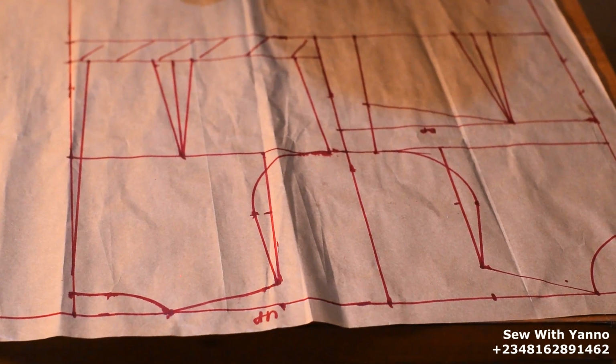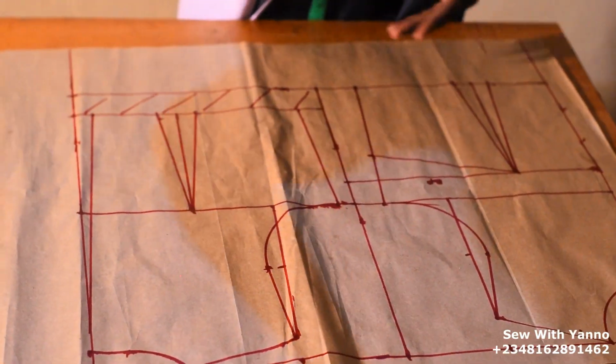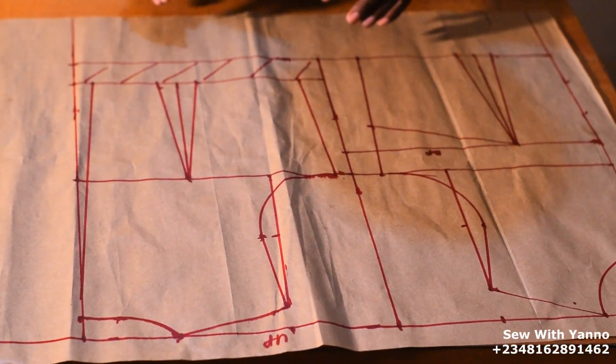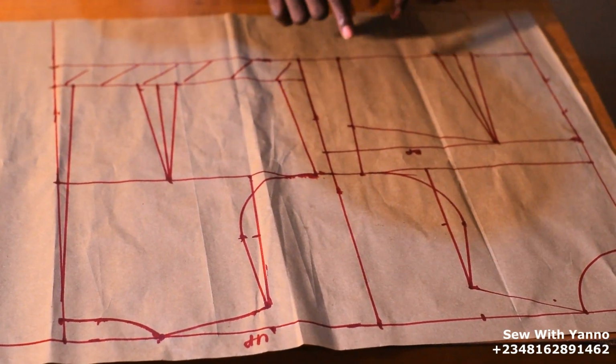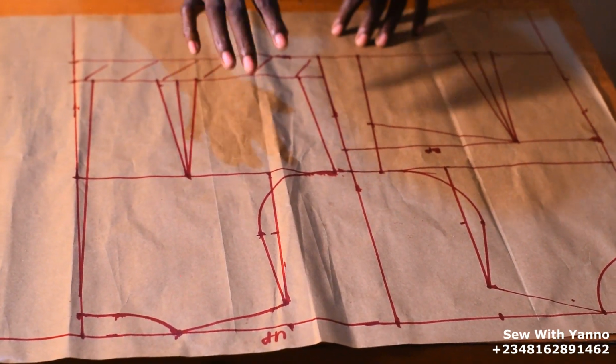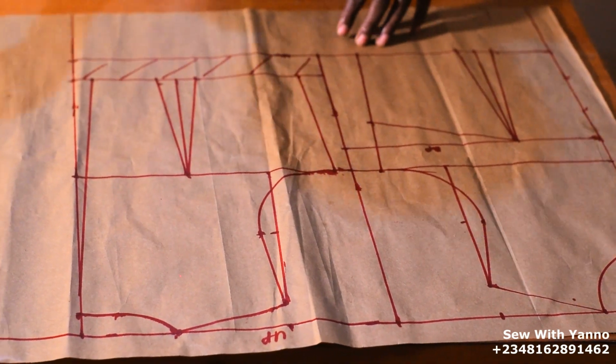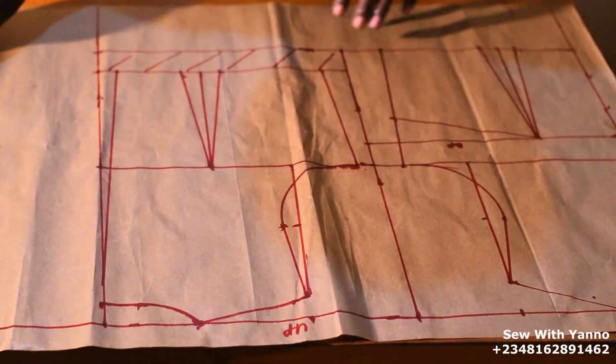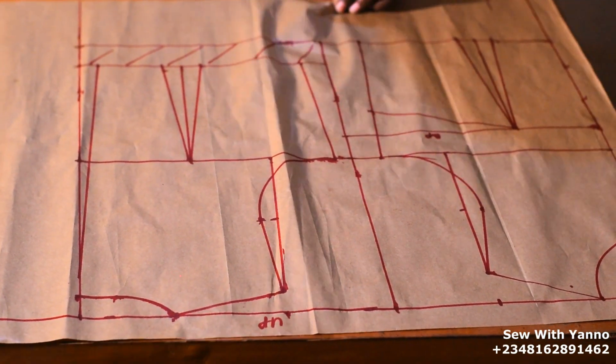The next thing I'm going to show you is how to cut this out. I'll close this bust dart, and you will see that the front side seam and the back side seam will align together. So let's cut out.